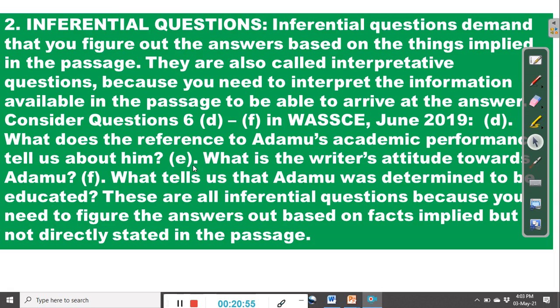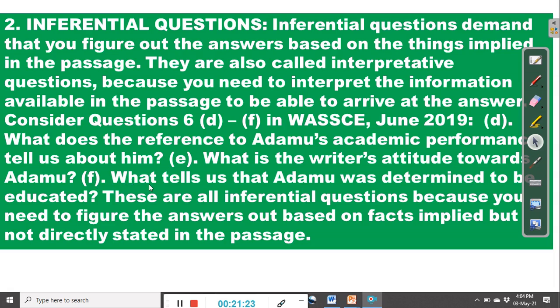All right. Then question E, what is the writer's attitude towards Adamu? From the things written in the passage, you'll be able to figure out the writer's attitude towards Adamu, how he viewed him, his opinion about the character of Adamu. All these are not directly stated in the passage, but implied based on the facts stated in the passage.